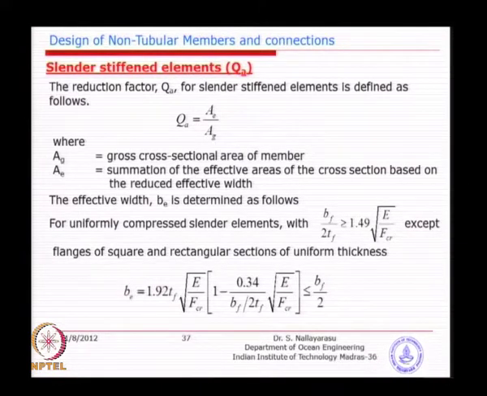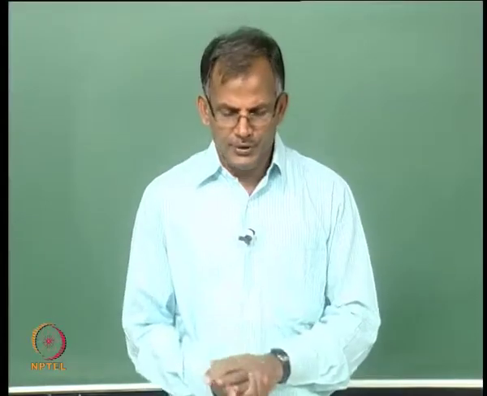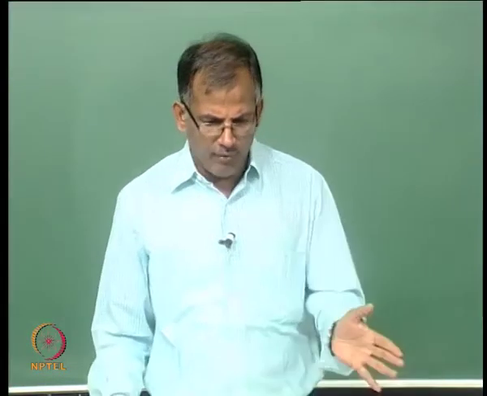Whatever width you originally provided, because it is becoming slender, you reduce the width using this formula. As long as the reduction is small, the QA value will become 1, meaning it is close to the full area. As long as the reduction is larger, you will have a smaller QA, which will correspondingly reduce your allowable stress.